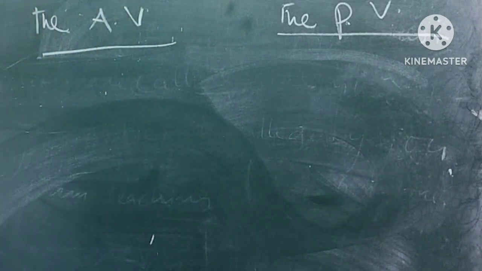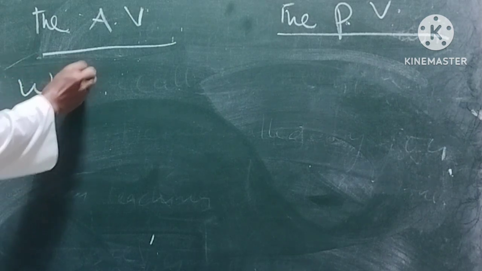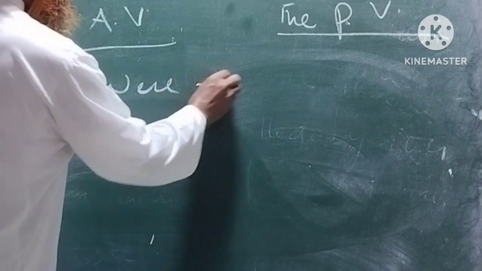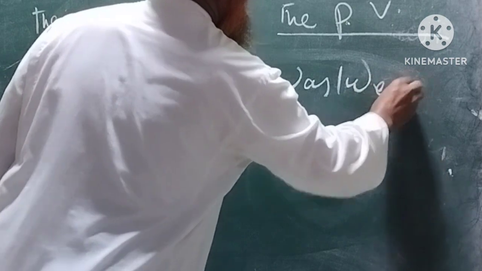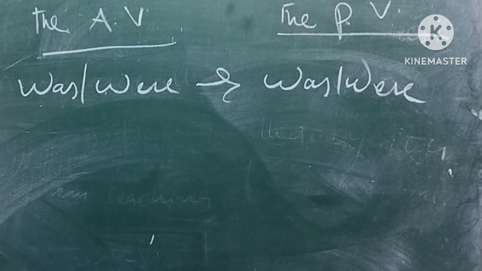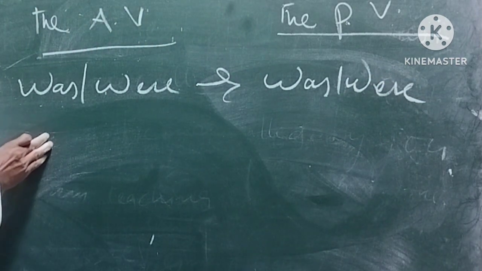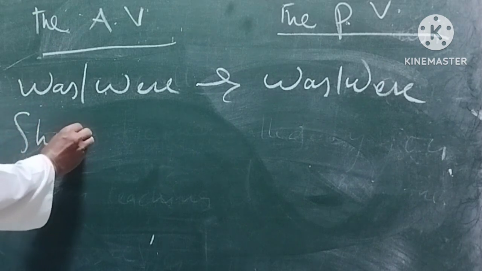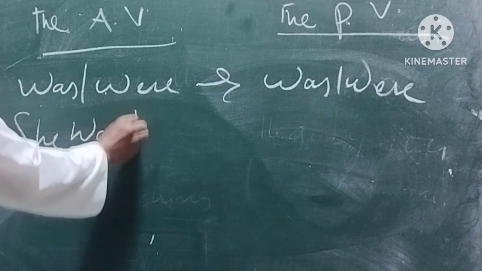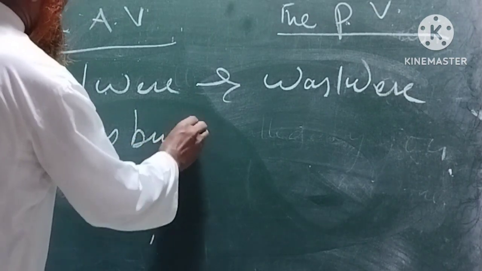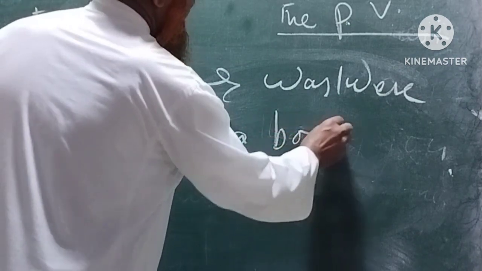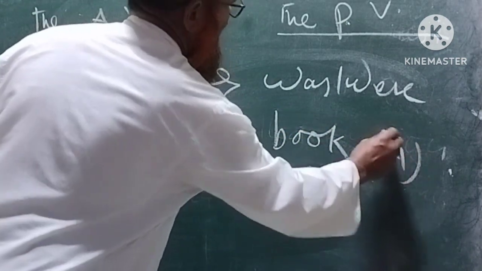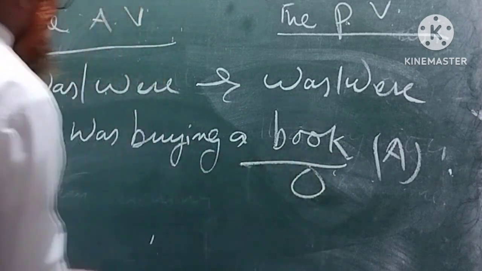Now, was, where, was. She was buying a book. Active: a book here is the object.